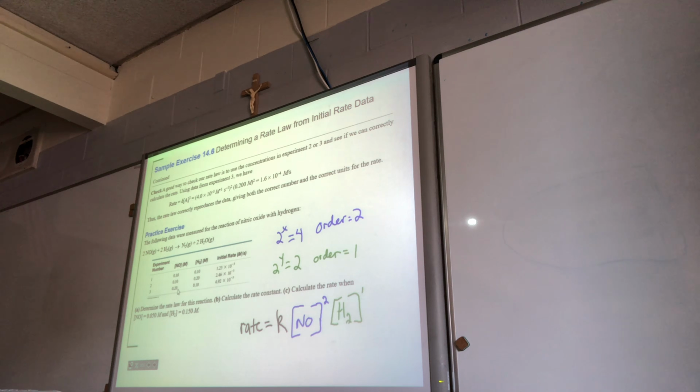Okay, so let's look at your units on K. That's what I got too. Which experiment did you do? Experiment 2 on the NO and 1 on the H2. I got 1.23. Let's look at that one. It's 0.05.